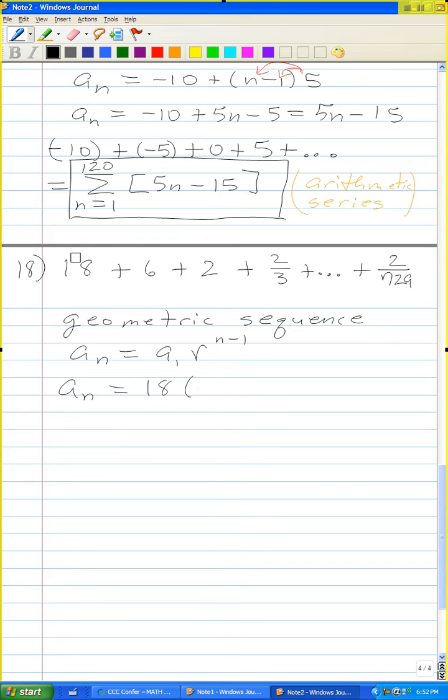Well, to go from 18 to 6 to 2 to 2/3, I get to multiply by 1/3. Okay, so that's all nice and fine. But the problem is they didn't tell me how many terms I have. So I have to actually figure out the number of terms in this series. And so let's figure out how many terms.